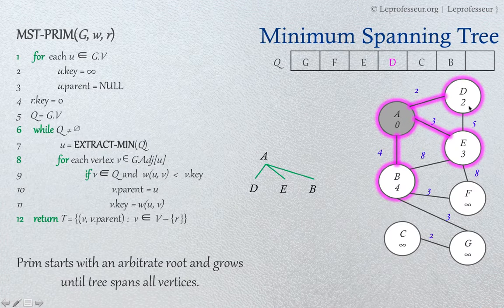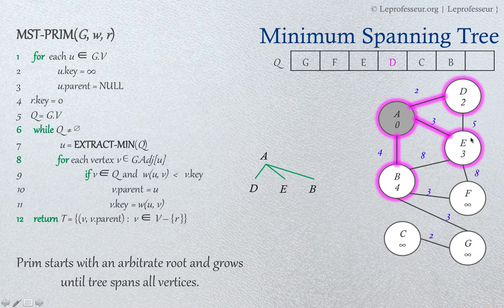One is A and one is E. Now if we select A, the condition at line number 9 says whether A belongs to Q. Now A is not in the Q anymore, A is gone, so we don't satisfy this condition at line number 9, and we exit out of this condition. We don't execute line number 10 and 11.